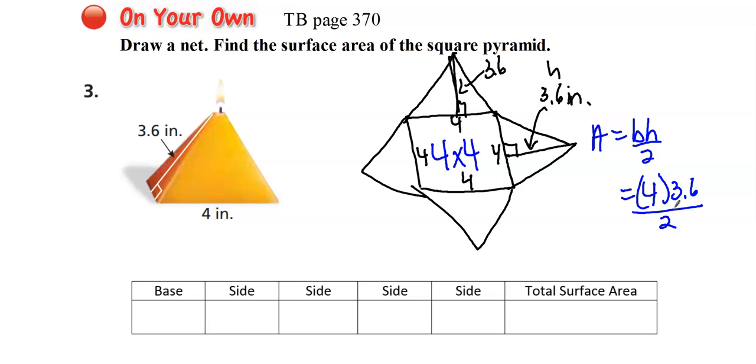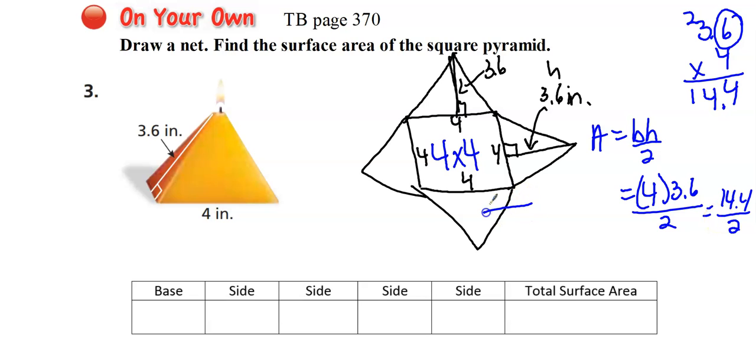And when I do, let's see, 4 times 3.6, just do some quick math over here. 24, regroup the 2, 12, 14. There's one decimal place, so I need to put the decimal there. And I got 14.4. And then when I take 14.4 and divide it by 2, I get 7.2. So the triangle area is 7.2.